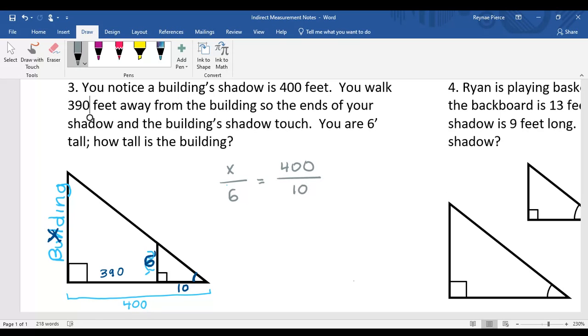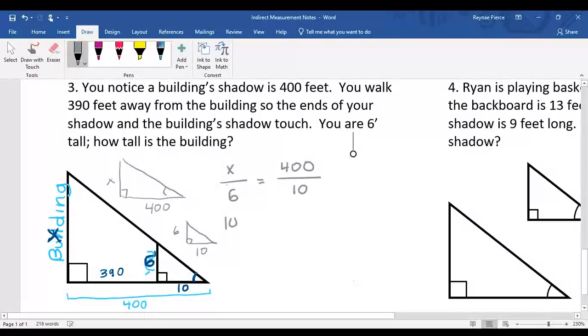And if it's helpful, after you get the big picture labeled, you can separate the triangles. So here we have our building, and we know this is 400, this we're trying to find, and then our small triangle, 6 and 10. You can separate those two triangles so you can see the two triangles individually.